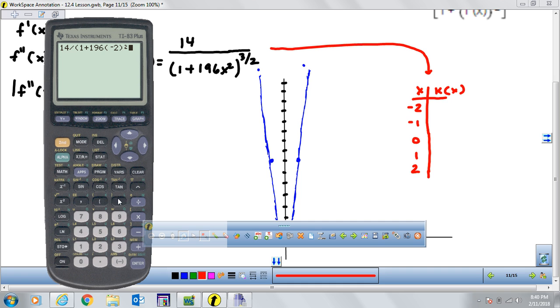Negative 2 squared, and then that is going to be raised to the power of 3/2. And look what that is. What does that mean right there? That means 4 decimal places to the left. So that means 0.000636. Let's just put 0.0006.